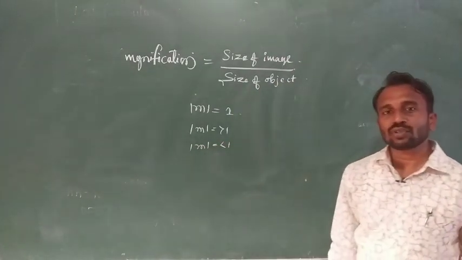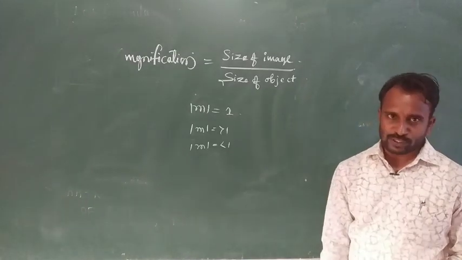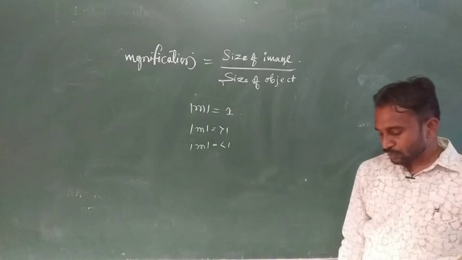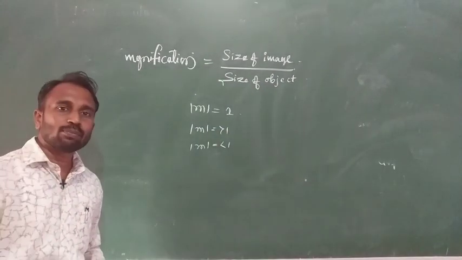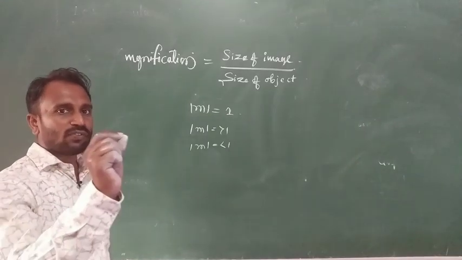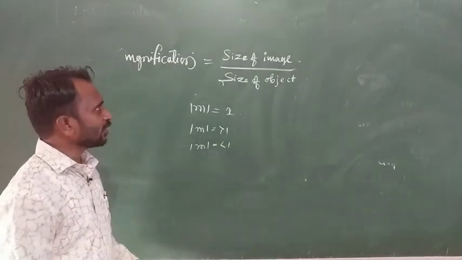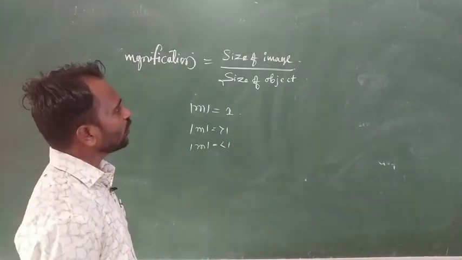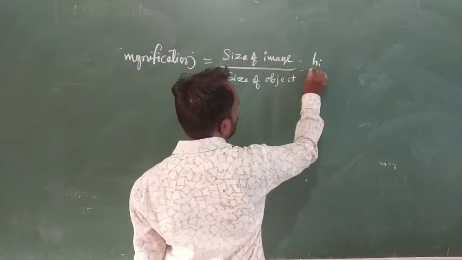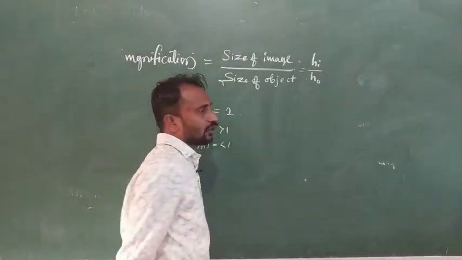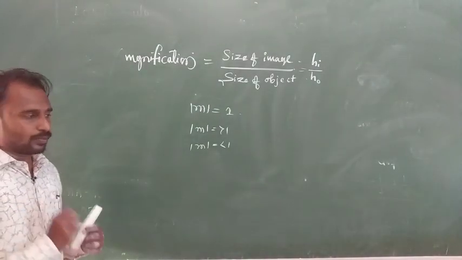It means the size of image is smaller than the size of object. Suppose this magnification value is 0. It means here we get a point as the image. So linear magnification is equal to size of image to the size of object. It means height of image to the height of object, or size of image to the size of object.